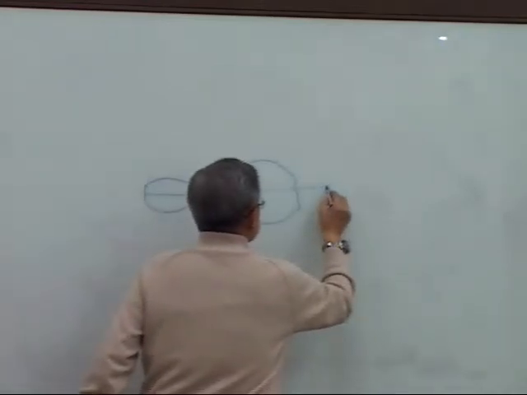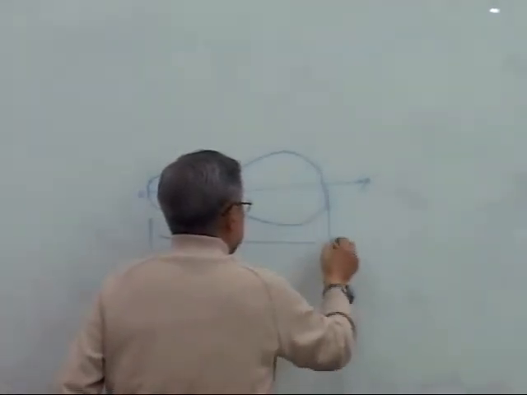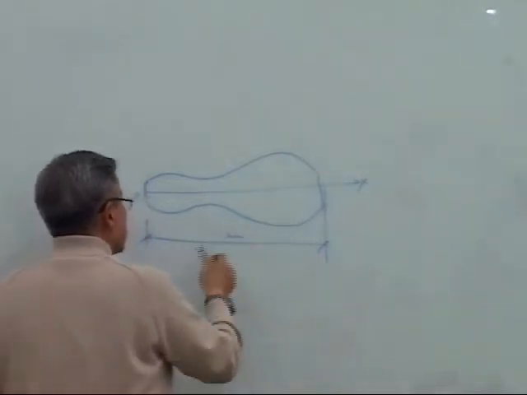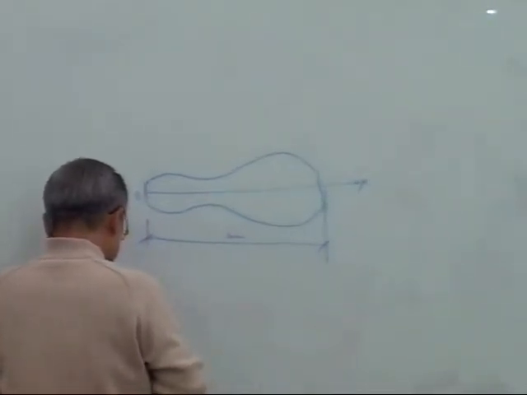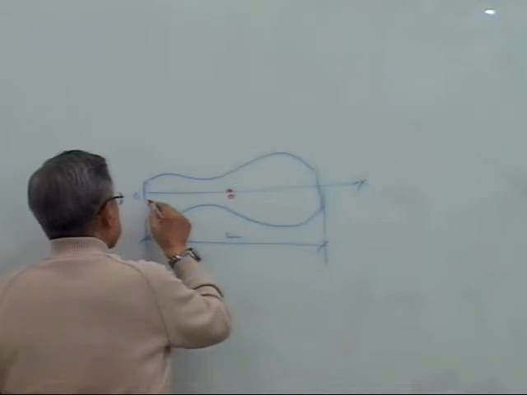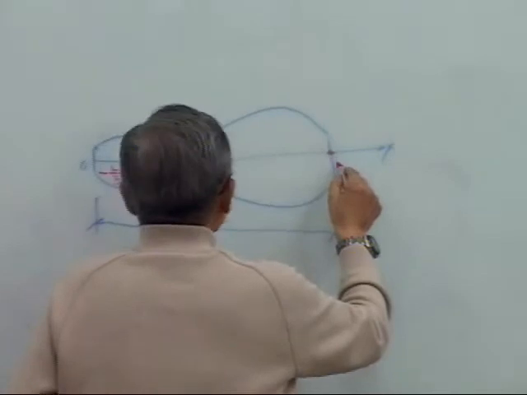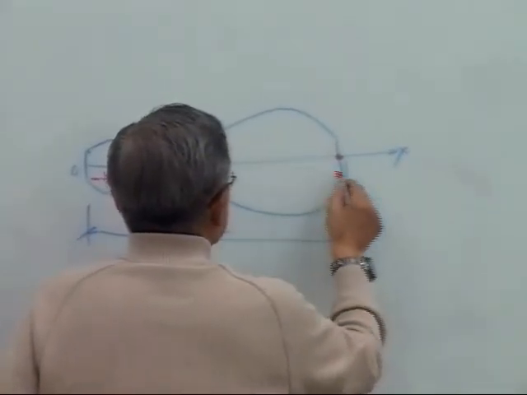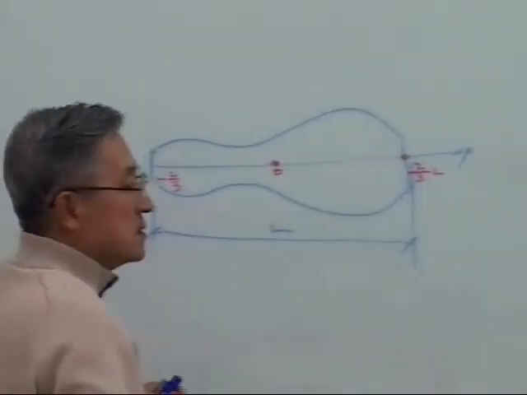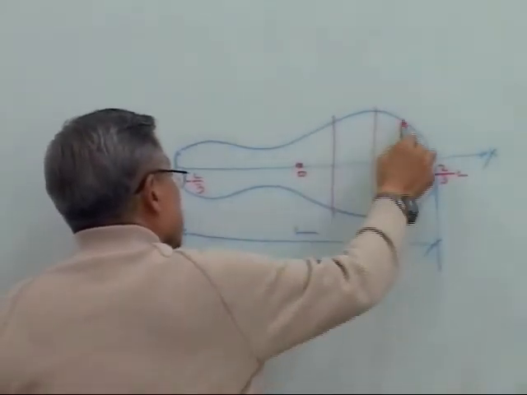You can say this is x from 0 to here, which is L. Some people want to set this point as 0, this point as minus 1/3, and this point as 2/3. The total length is L, and each cross section is different.